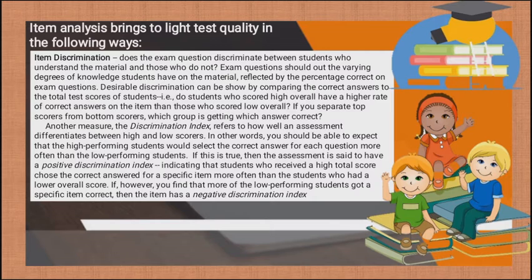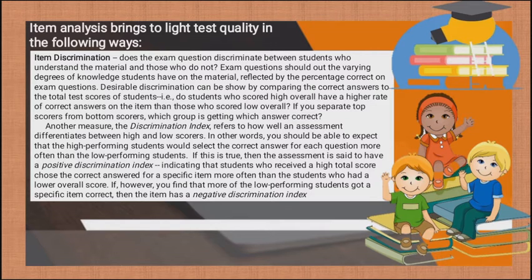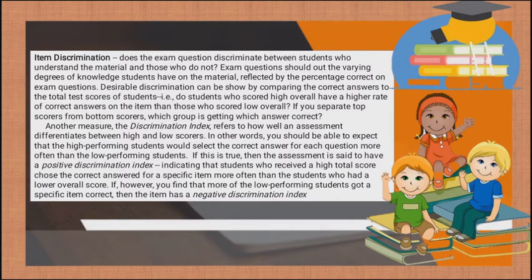Desirable discrimination can be shown by comparing the correct answers to the total test scores of the students. An example is, do students who scored high overall have a higher rate of correct answers on the item than those who scored low overall? So if you separate top scorers from the bottom scorers in a group, is that particular group getting the answer correct?